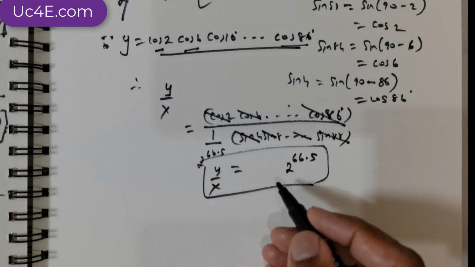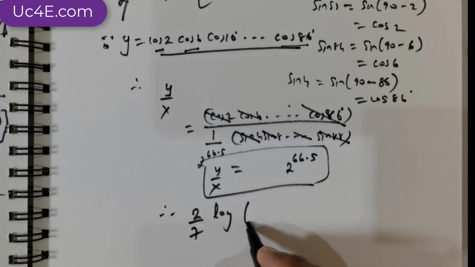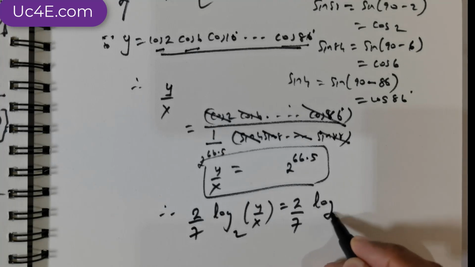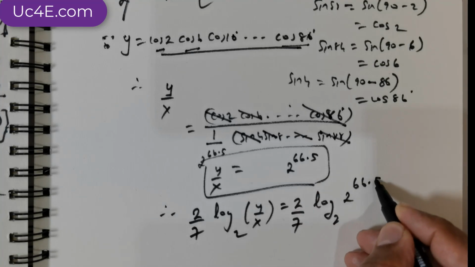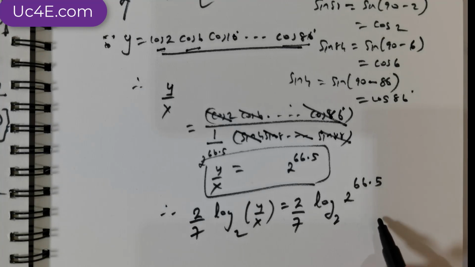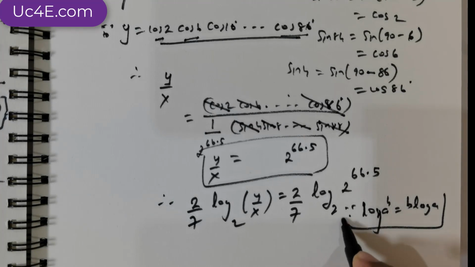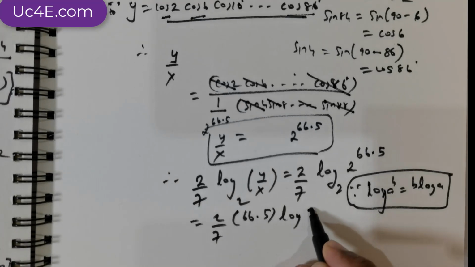But we don't need just y over x. We need 2 over 7 log of y over x to the base 2. So this is equal to 2 over 7 log to the base 2 of 2 raised to the power of 66.5. Since log of a raised to the power of b is equal to b times log a, this is going to be 2 over 7 times 66.5 times log 2 to the base 2.